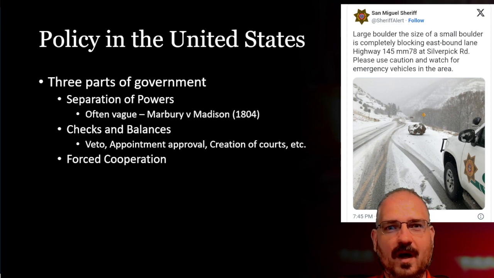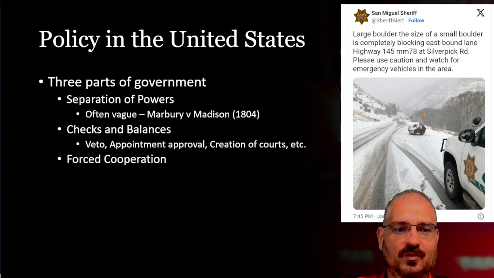And exactly what is supposed to be under Congress's purview versus the president versus the courts is often very clear and very unambiguous, but sometimes reaches into that kind of vagueness and ambiguity that makes it a little bit difficult to tell whose job is exactly what and who's allowed to do this versus allowed to do that.